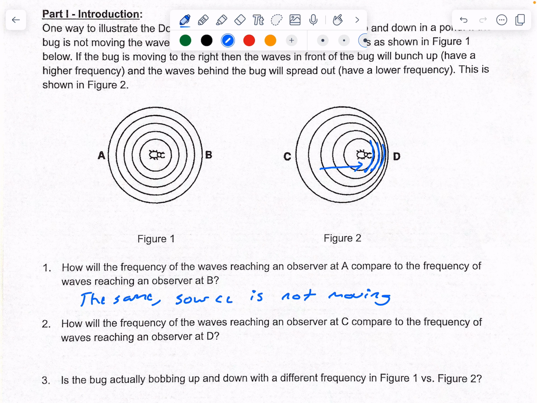All the waves behind it are getting further and further apart. That's why at D you would have a very high pitch because your frequency goes up, and at C you'd have a very low pitch because the frequency is lower. So in this case, frequency at D is greater than frequency at C.